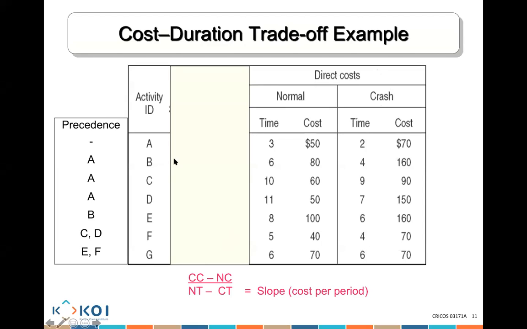If we look at activity A, crash cost is 70, so you put 70 here, minus normal cost, which is 50.